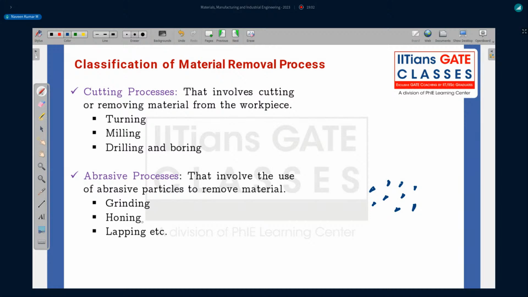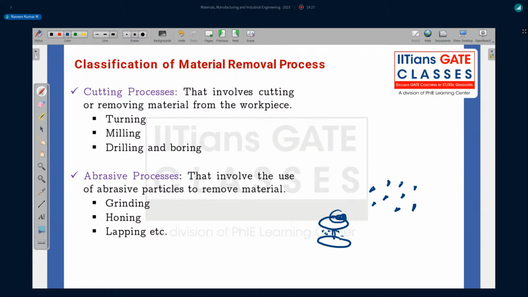So if you remember what honing is, you might have seen it in your villages, especially where they pour some kind of seeds or dal inside, and they have some kind of rolls. They put all these materials in and rotate the upper one.